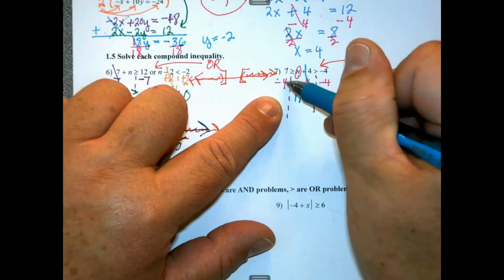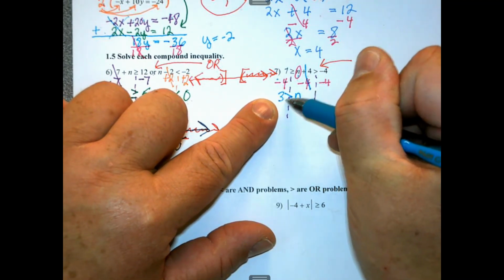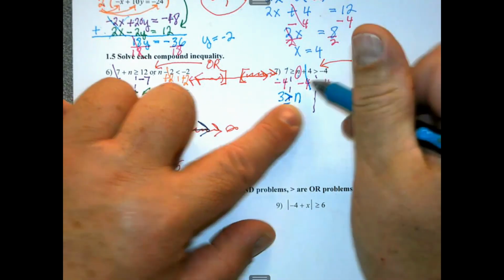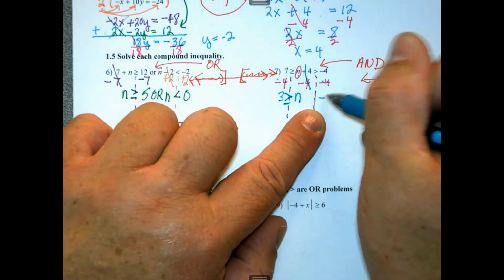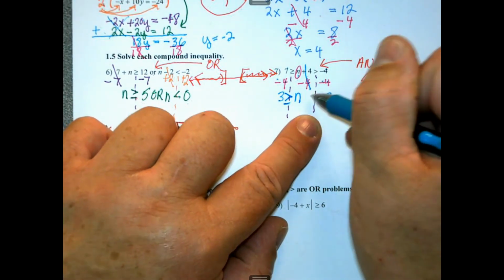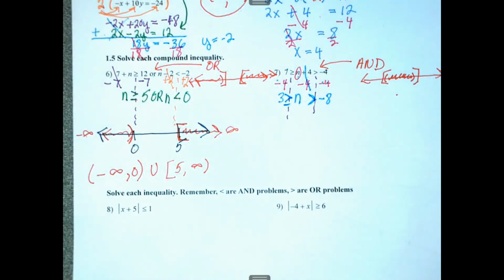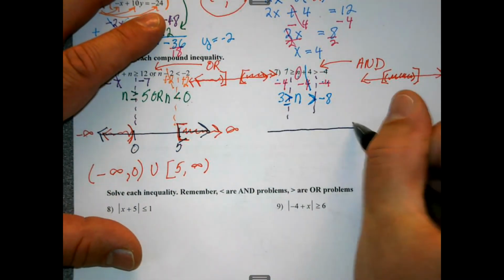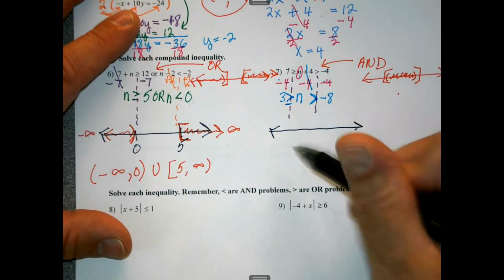7 minus 4 is 3. I'm subtracting, so I'm going to keep the sign. So it's greater than or equal to. Go out to this side. Negative 4 minus 4, negative 8. Keep the sign. n is by itself. I'm done. This is an and problem, so I know I'm going to shade in between. I have the smaller number, negative 8.